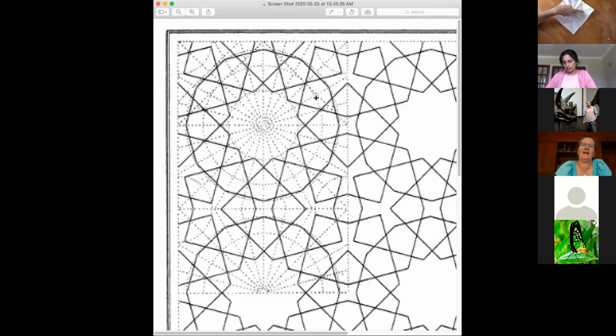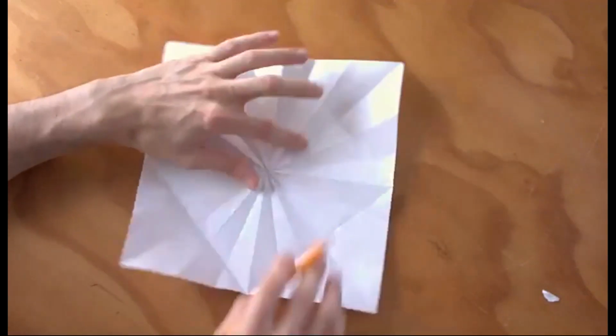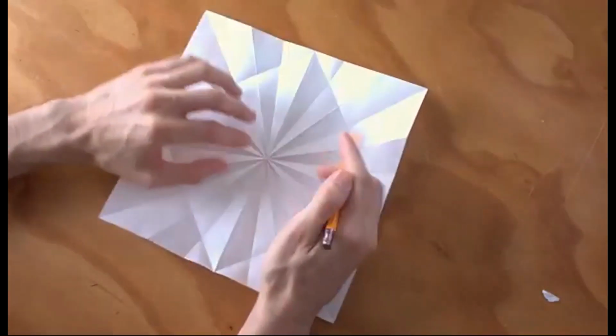We go 0, 1, 2, 3, 4, and you can see that that's a straight line. So again, it goes 0, 1, 2, 3, 4. So if we look at ours, on mine, I'm going to count valleys.